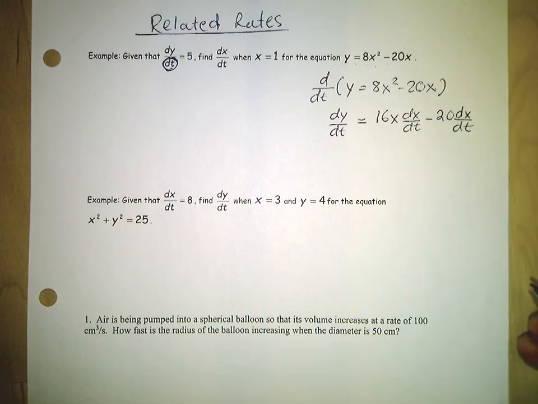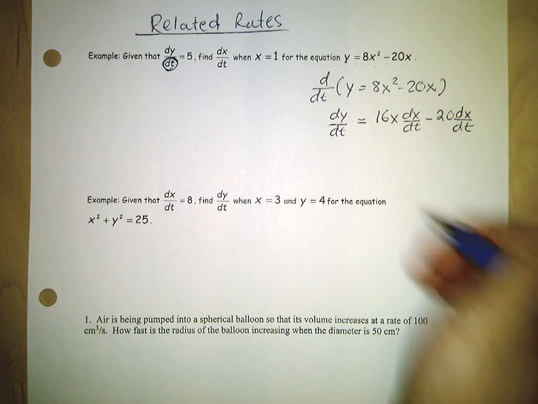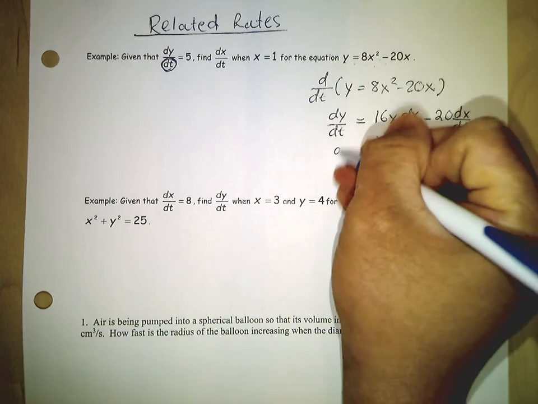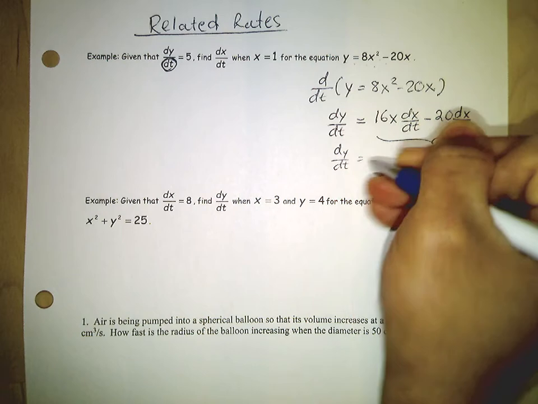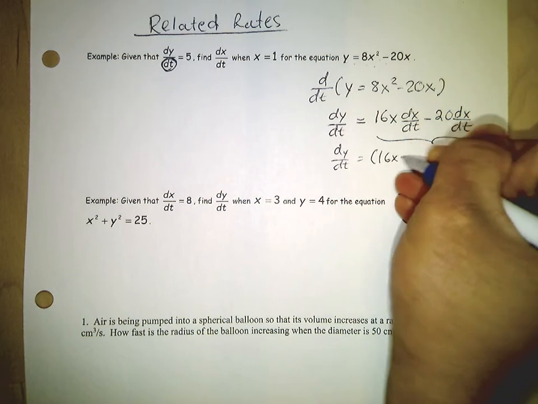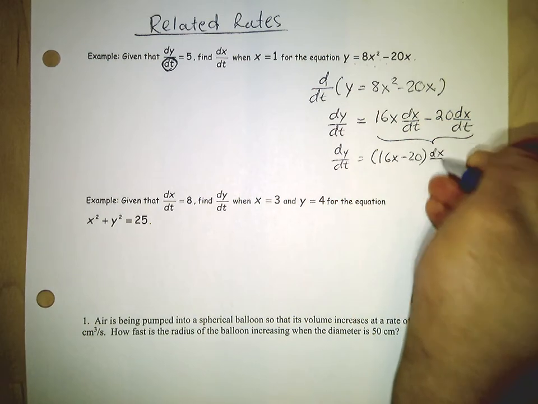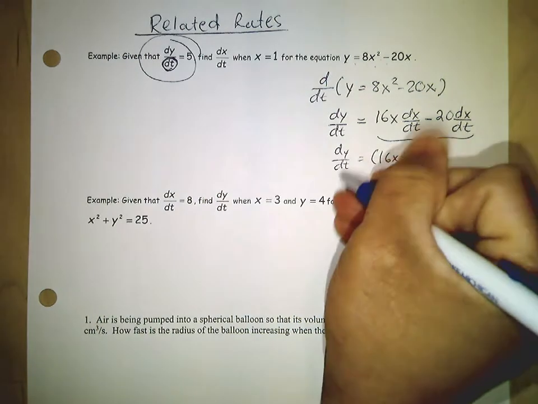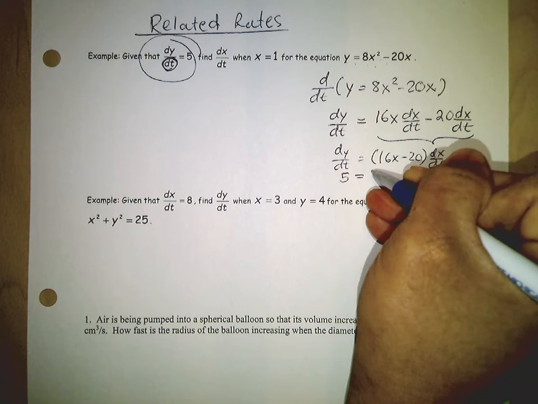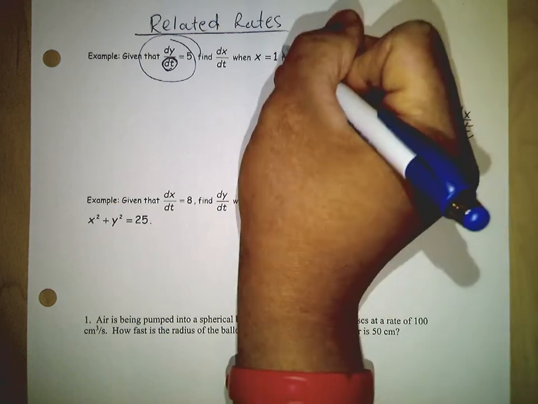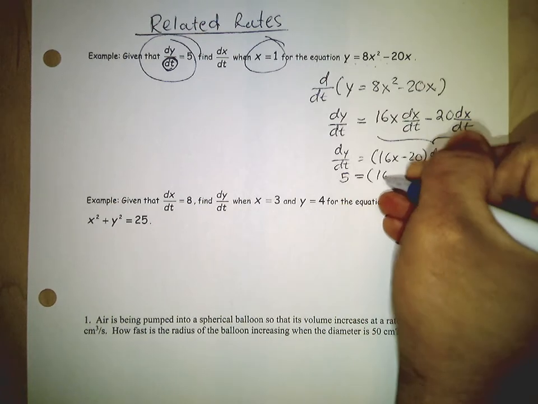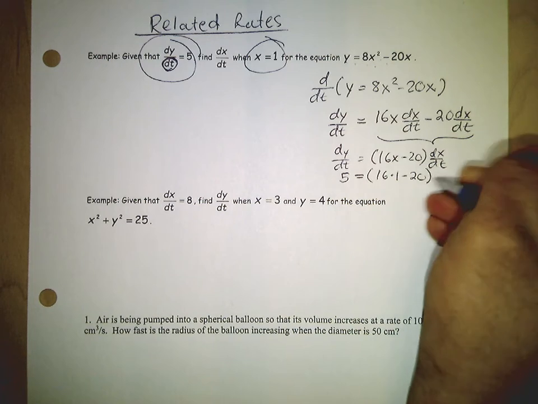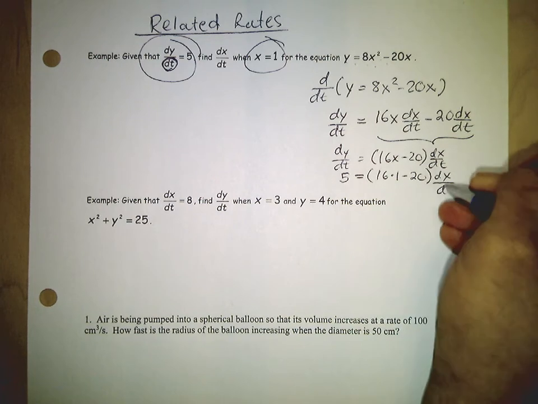All right, now we could actually write the right-hand side of the equation as just (16x minus 20) dx/dt. And we were given that dy/dt was 5, so we have 5 is equal to, now we were given x is equal to 1, so (16 times 1 minus 20) dx/dt.